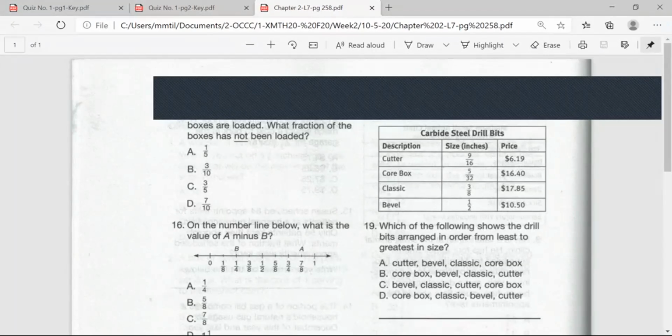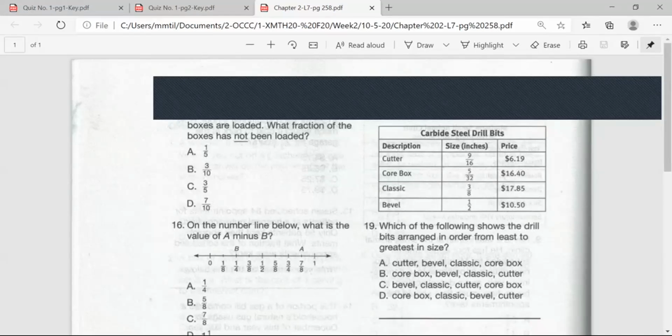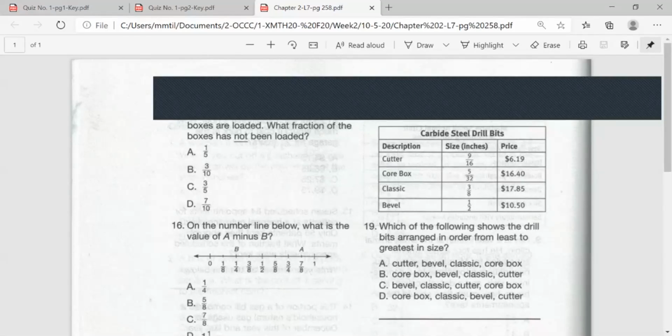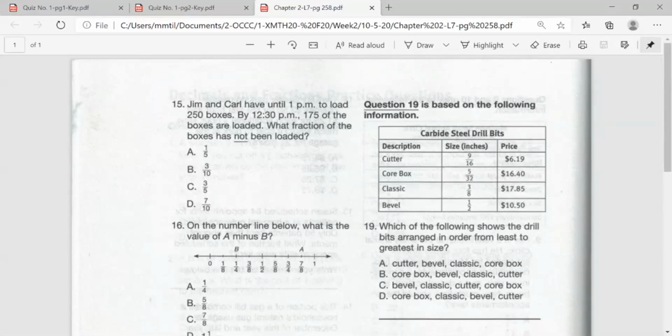Okay. I've got to write it, just a minute. 9/16, I have to write it down here. Core box, 5/32. Classic, 3/8. And then bevels, 1/2. Okay, so here's what I would do.